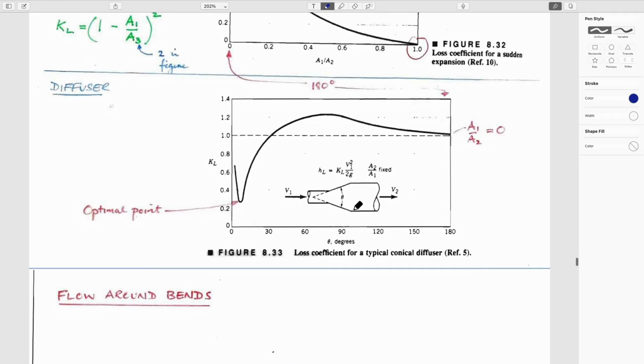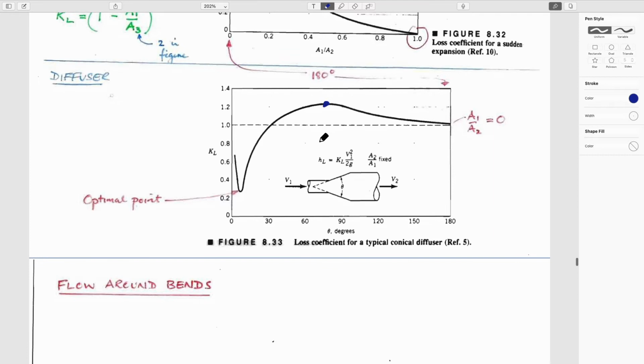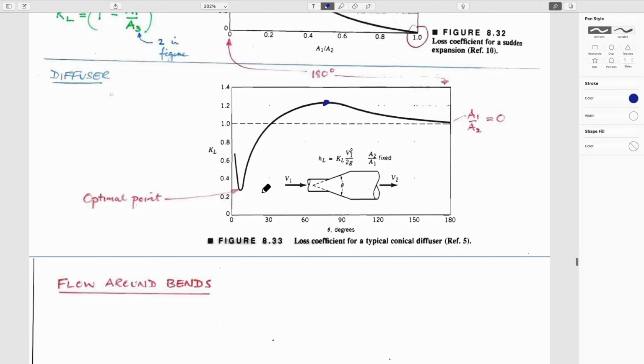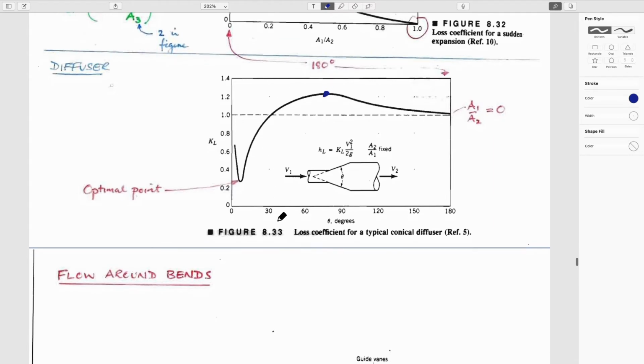We can also define it if these are angled. I'm not sure why this goes up to be greater than 1. I'm not sure what the rationale for that is, but probably we don't need to worry too much about it, but it has some interesting behavior.